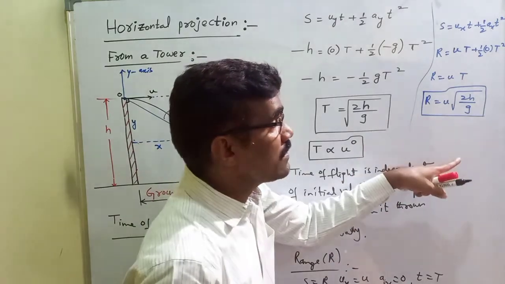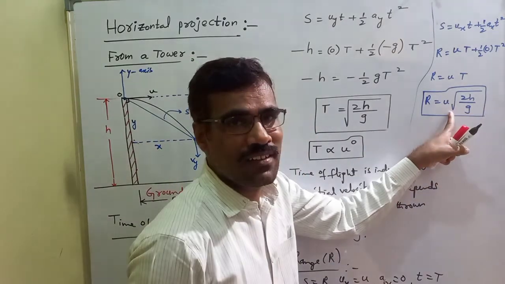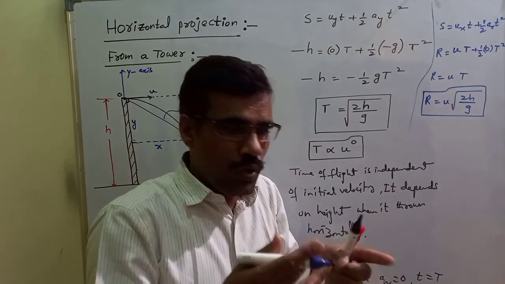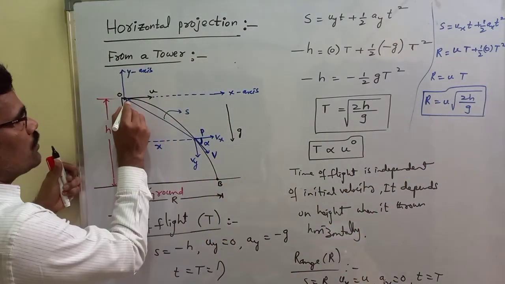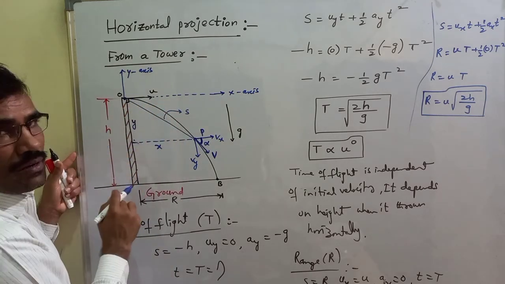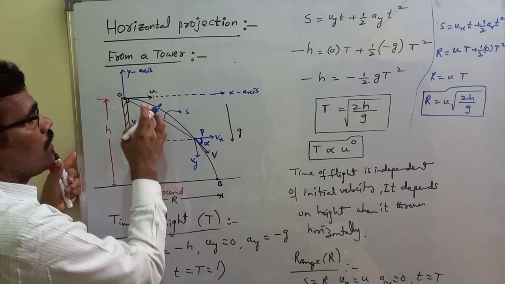Horizontal range depends on the height of the tower and the initial velocity. Suppose two stones are thrown from the top of the tower, one with velocity 10 meters per second and another with 20 meters per second.